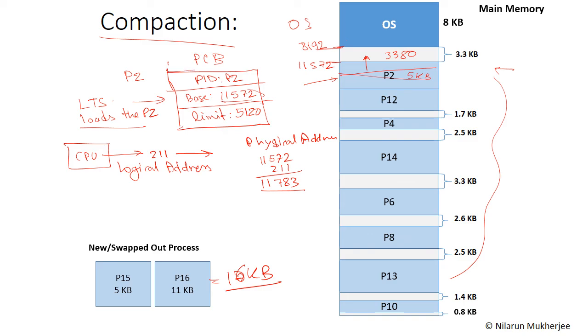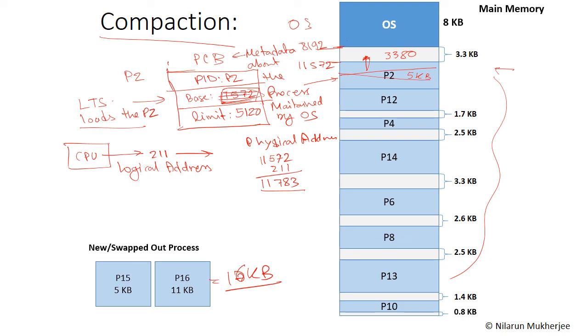Yes, because the PCB is metadata about the process maintained by the OS. So if the OS is shifting and does not forget to change the base, then it can be shifted.